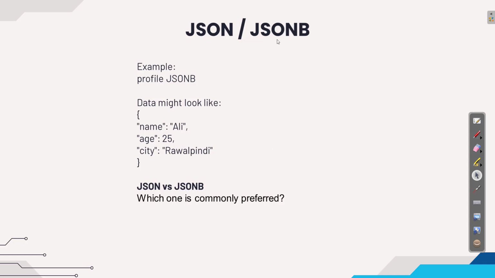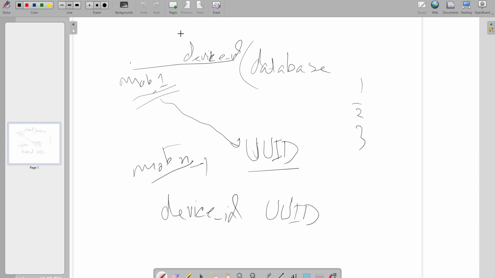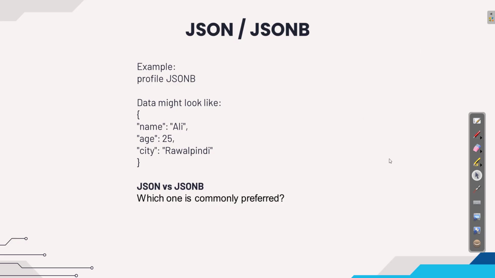JSONB is commonly preferred because it is very efficient and it is saved as binary, and it is optimized from the access and filtration point of view. So that is why, where we have to use JSON, we will use JSONB, right? Because it is the preferred Postgres data type.